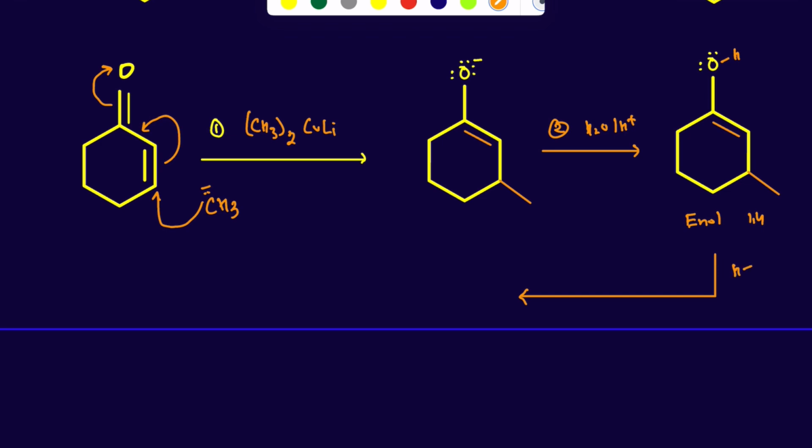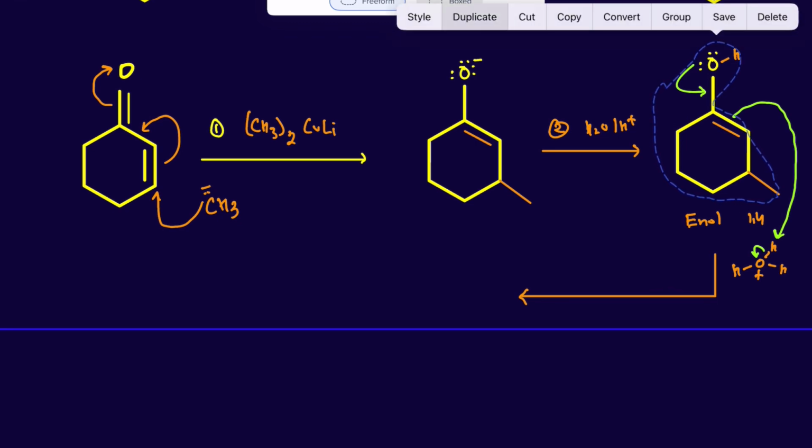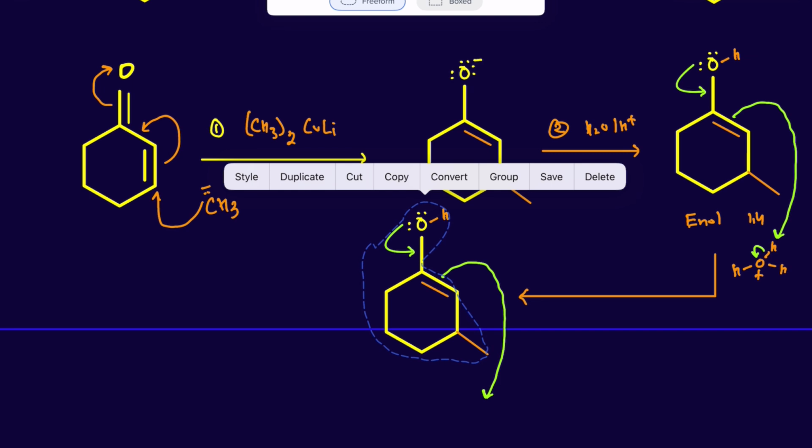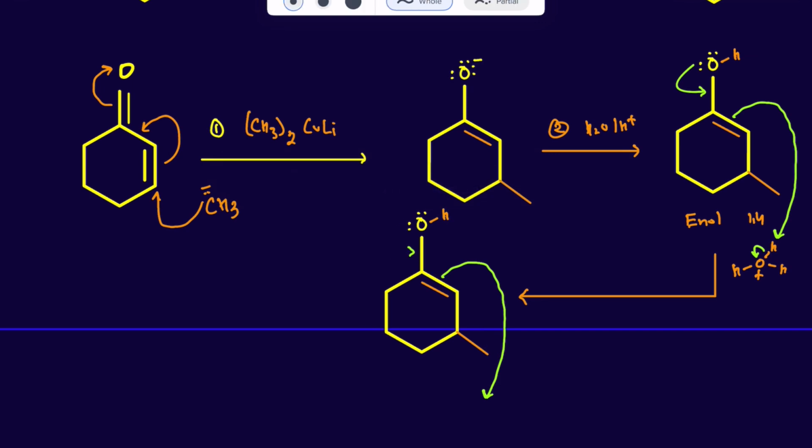So instead, I'm going to be using the acid here, the dilute acid, to reform that ketone here. So I'm going to reform this bond, make a double bond here. I'm going to grab this proton from here using that pi bond. So I killed the pi bond here and reformed the pi bond between the carbon and oxygen there.